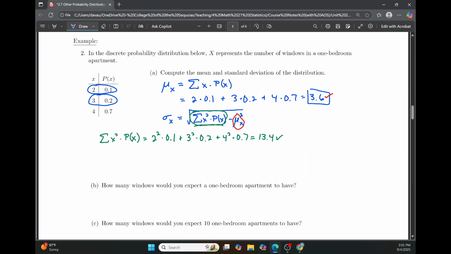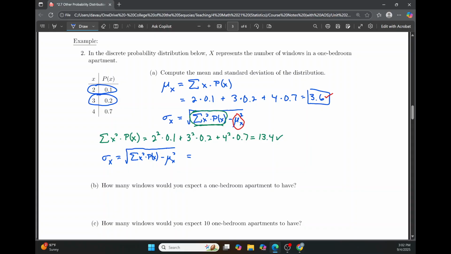So the standard deviation is going to be the square root of this sum, x squared times p of x, minus the mean squared. Okay.